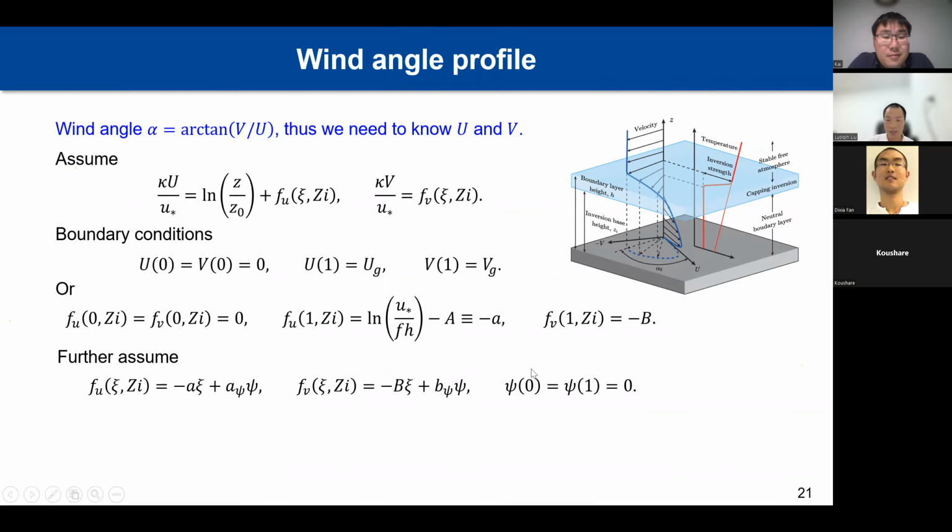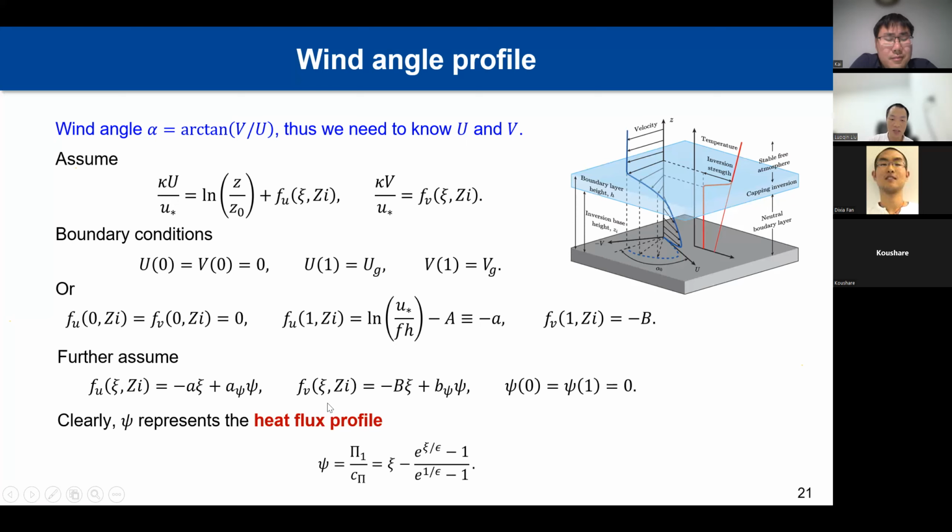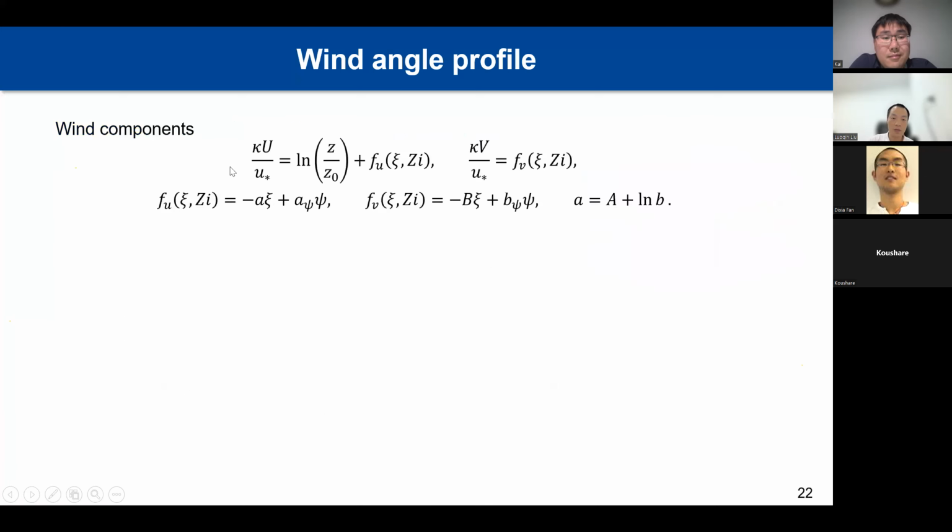We want to reveal the heat flux contribution to the wind profile, and we also know that the heat flux automatically satisfies this boundary condition. So we choose psi as the heat flux profile like this, which we already know. Then to determine the wind profiles, we still need to determine the values of A_psi and B_psi.